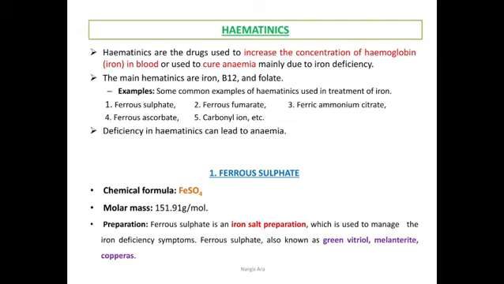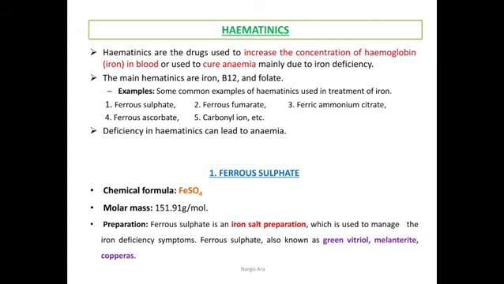Some common examples of hematinics used in treatment of iron deficiency are ferrous sulfate, ferrous fumarate, ferric ammonium citrate, ferrous ascorbate, carbonyl iron, etc. Deficiency in hematinics can lead to anemia.